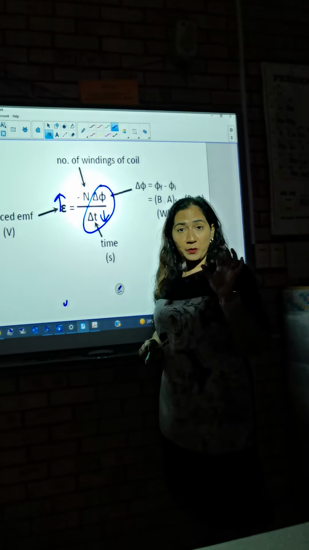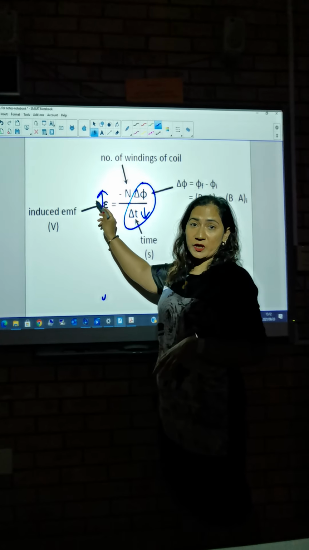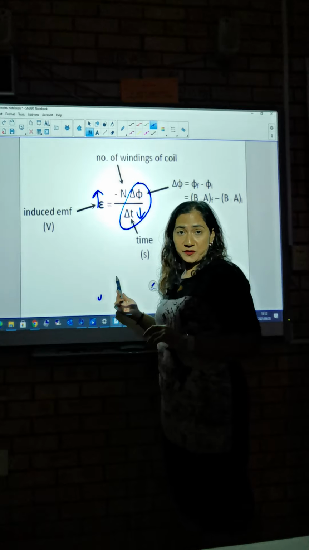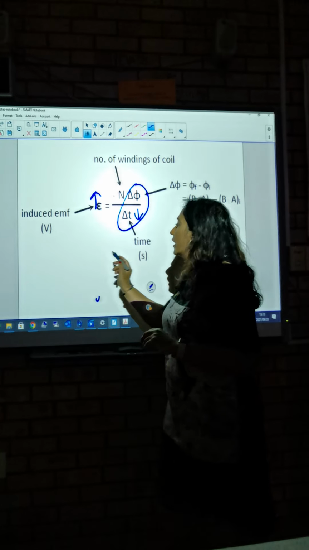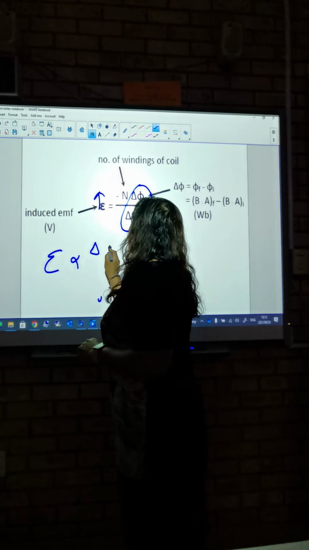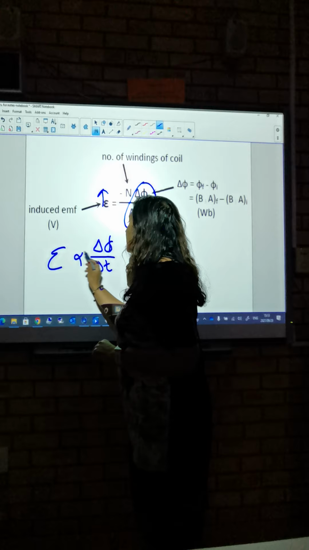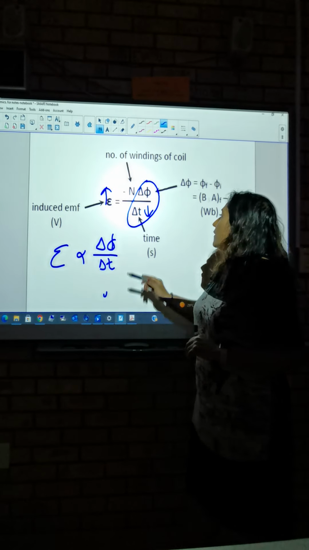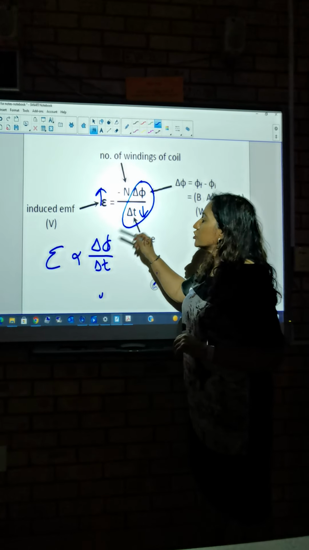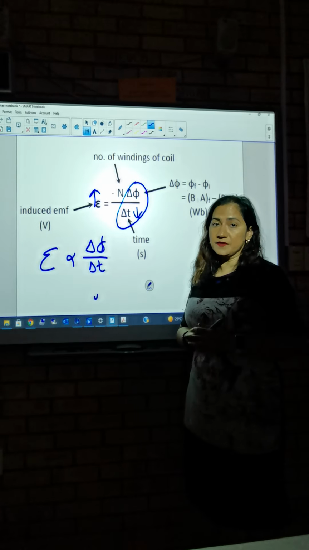So let's just go over this one more time. When I decrease time, my EMF is going to increase. There's an inverse relationship. But EMF is directly proportional to the rate of change of flux. So here, there's a direct proportion. The rate of change of flux is changing, therefore EMF is going to also change and increase.